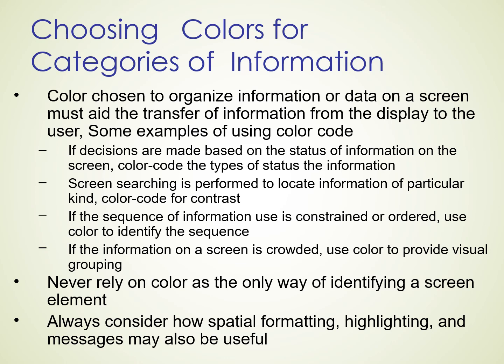Or sometimes you can use blue to show that it's of slight importance. Headings and headlines are usually given in different colors. You never rely on color as the only way of identifying a screen element, because sometimes irrelevant information given on the screen doesn't make sense.